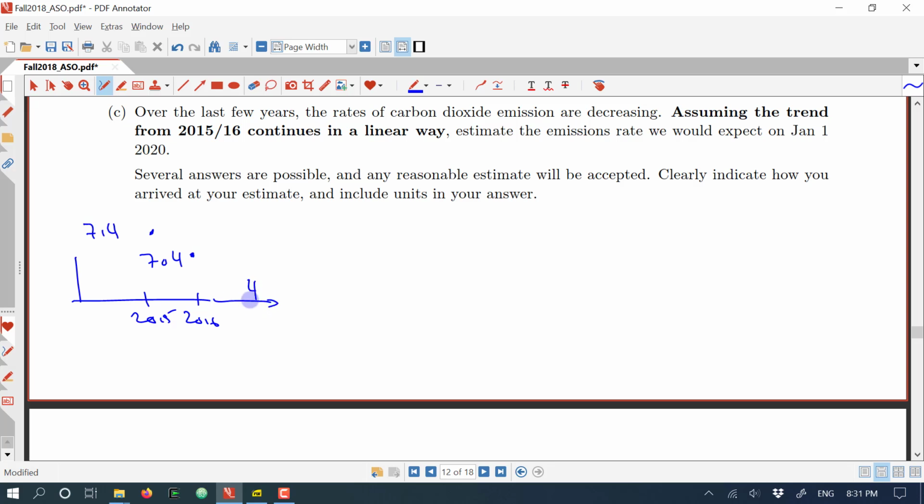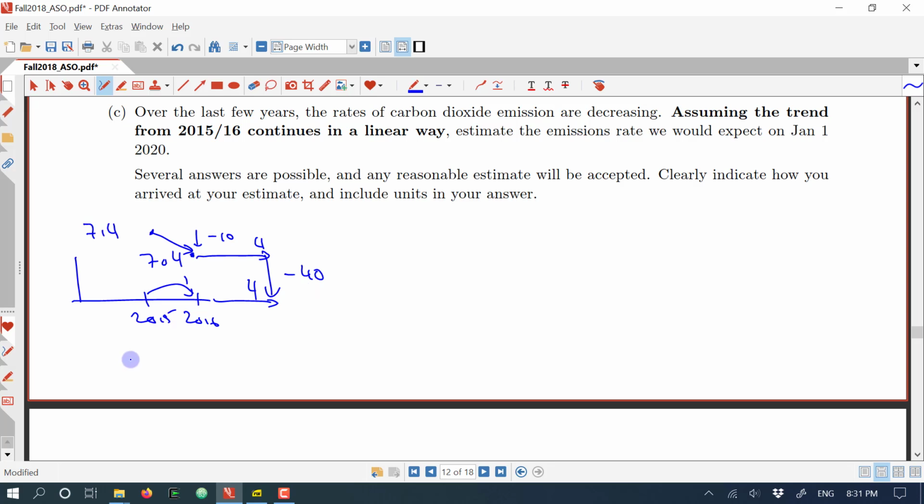Well, honestly, with these 2 data points here, I think the easiest way to go is to look at a 1-year increase in time resulted in a decrease of emissions by 10 megatons. So we went down by 10 megatons. If we go over 4 more years, well, a pretty reasonable expectation is that we're going to go down by 4 times as much, or 40 megatons.